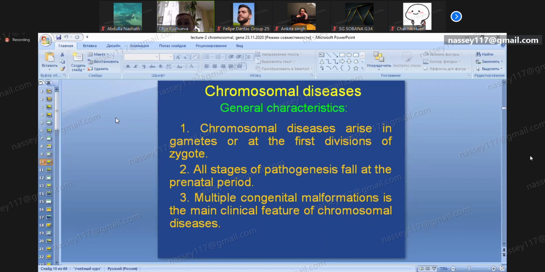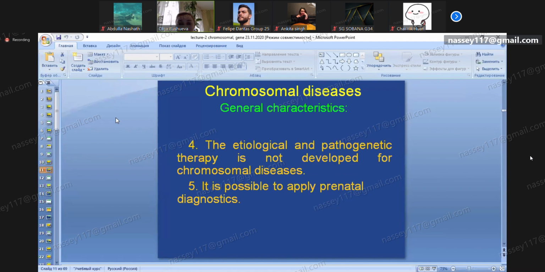Next question will be general characteristics of chromosomal pathology. So, general characteristics of chromosomal diseases. First one, chromosomal diseases arise in gametes or at the first divisions of the zygote. Second one, all stages of pathogenesis fall in the prenatal period. Multiple congenital malformations are the main clinical feature of chromosomal pathology.